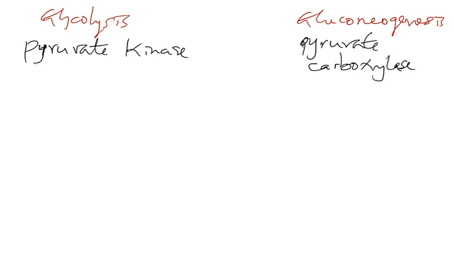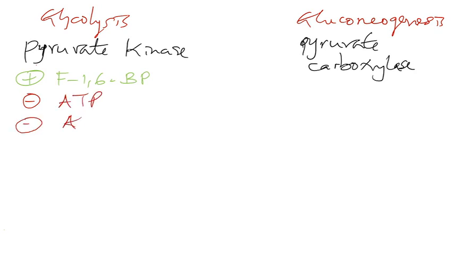So pyruvate kinase is activated by fructose 1,6 bisphosphate. It's inhibited by ATP. It's also inhibited by alanine.